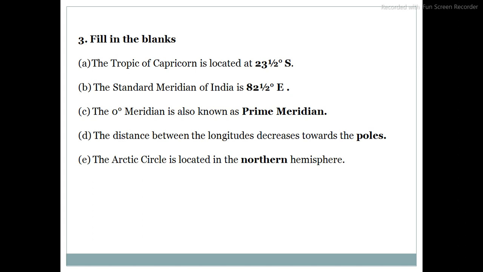The standard meridian of India is 82.5 degrees east. Then the 0 meridian is also known as the prime meridian. Then the distance between the longitudes decreases towards the poles. Then last, the Arctic circle is located in the northern hemisphere.